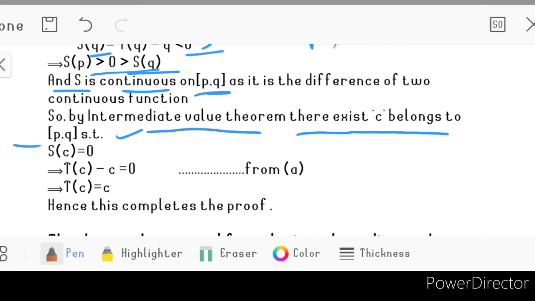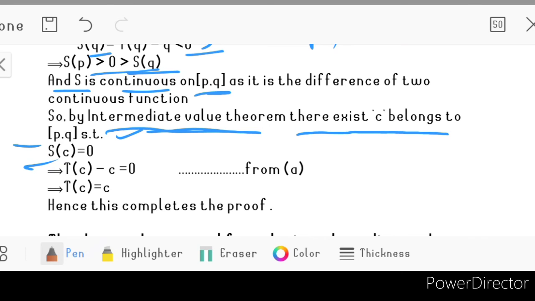So by the intermediate value theorem, we can say that there exists C that belongs to the interval P and Q such that S of C equals 0. What the intermediate value theorem says is that if we take a point that belongs to the interval, at that particular point our function will give the value 0.